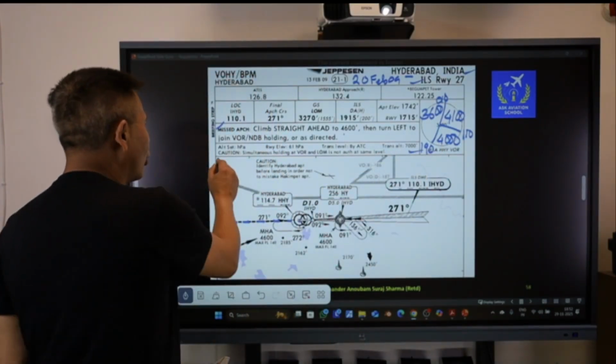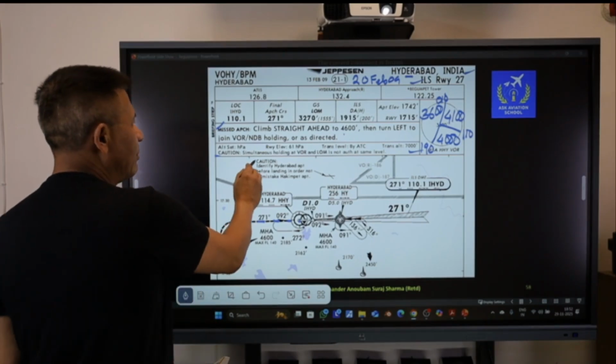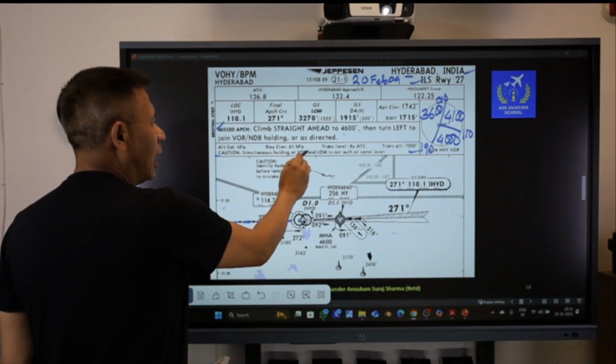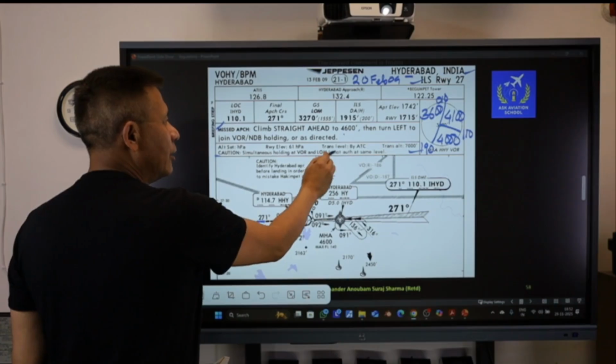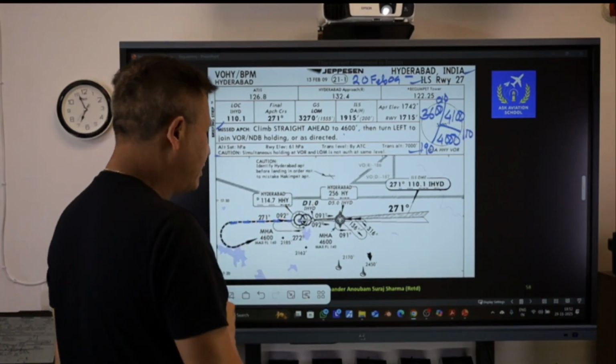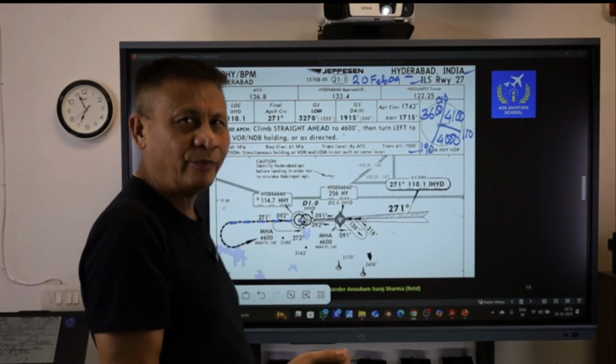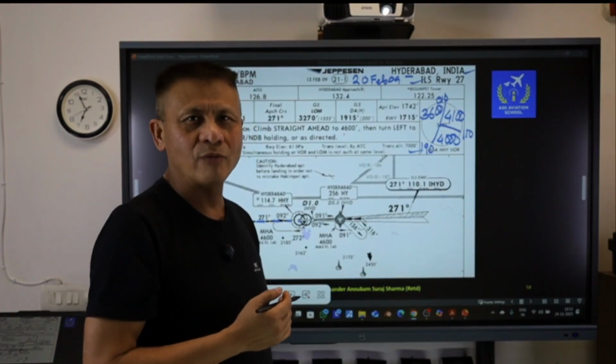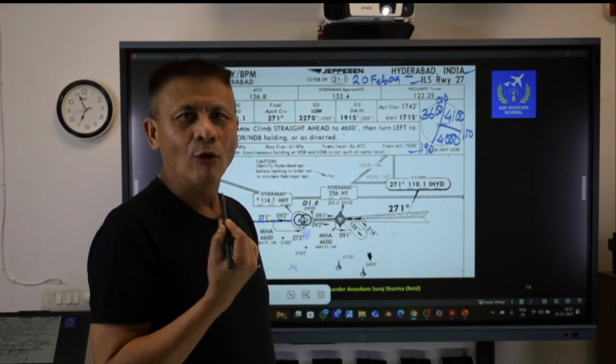So there is one caution written here: simultaneous holding at VOR and the localizer outer marker is not authorized at the same level. Let us assume that there are a couple of traffic, because of which the aircraft has to hold over this.